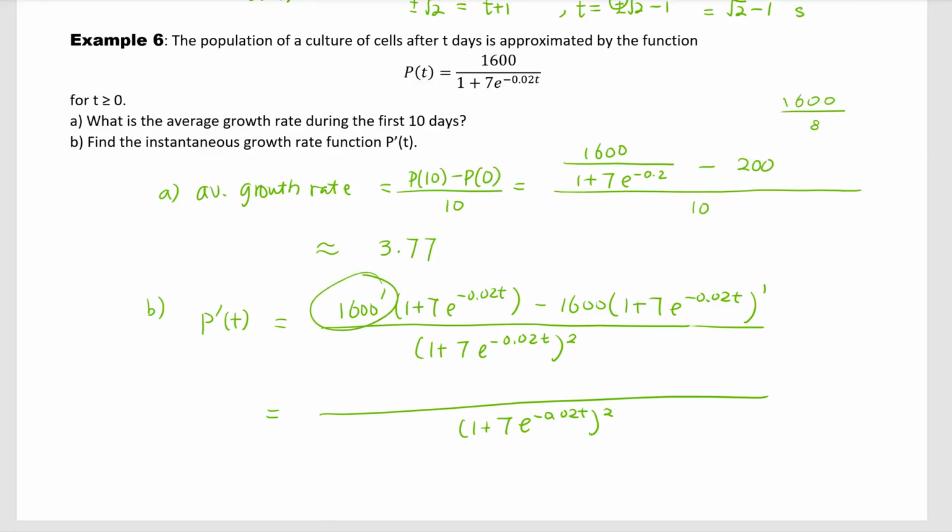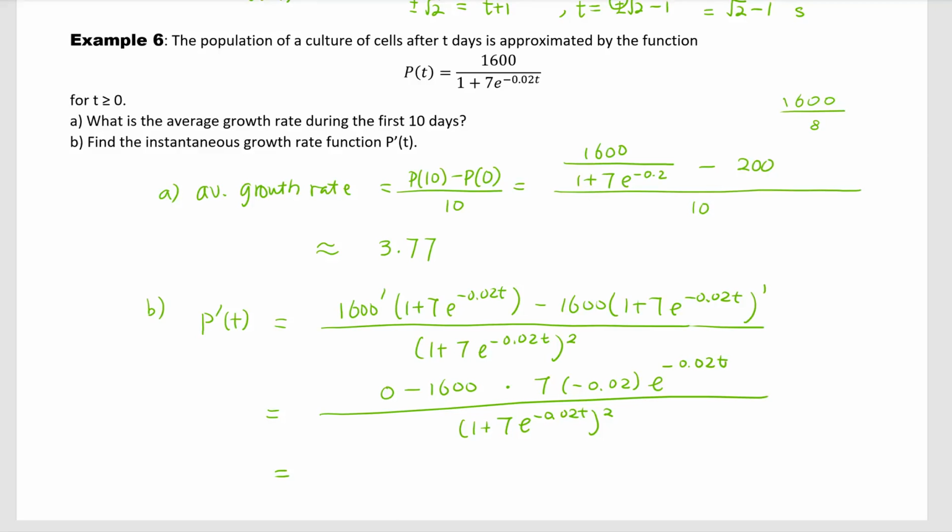Well, this guy, 1600, is a constant. Derivative of a constant is just 0. So all this thing is gone. So 0 minus 1600. Derivative of 1 is just 0. Derivative of 7, okay, so the 7 constant multiple stays there. And then remember, father looks like the sun, but father has the mustache. This is the mustache. E to the negative 0.02t.